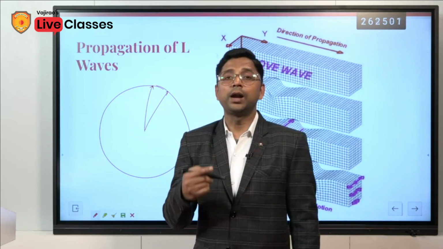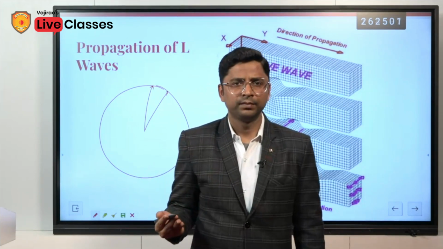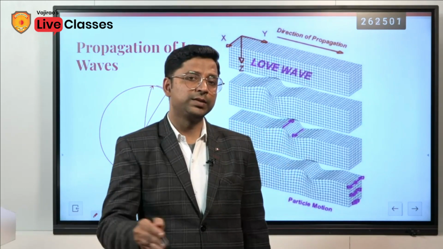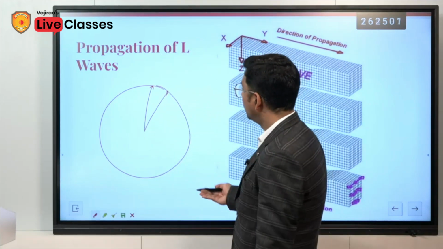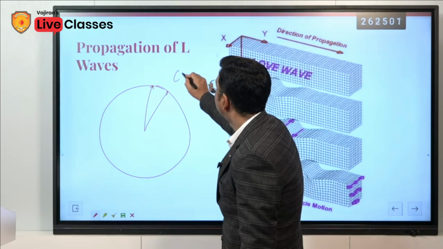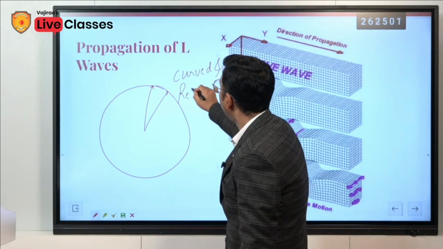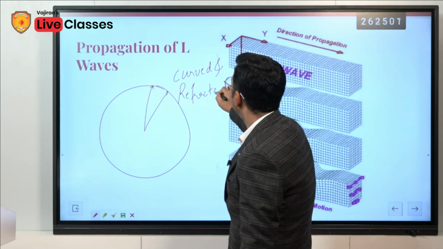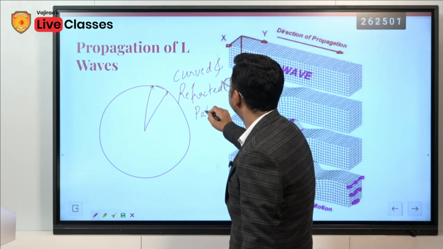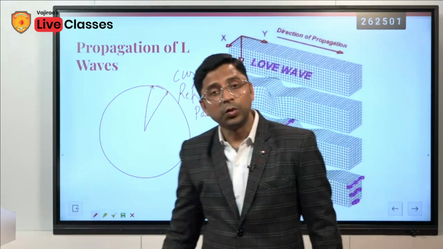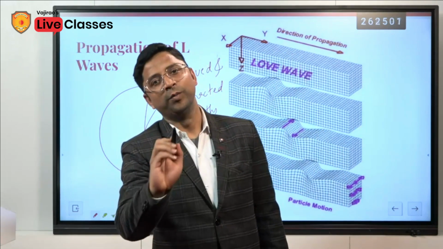When these waves are recorded on a seismograph, the recordings show that the waves take curved and refracted paths. This shows that Earth is not homogeneous.